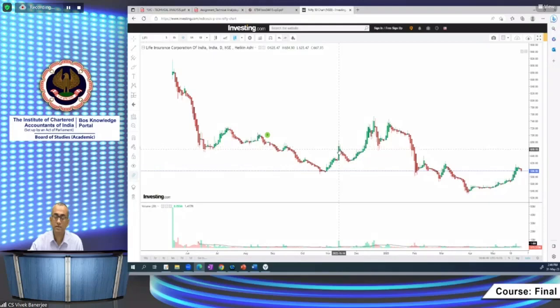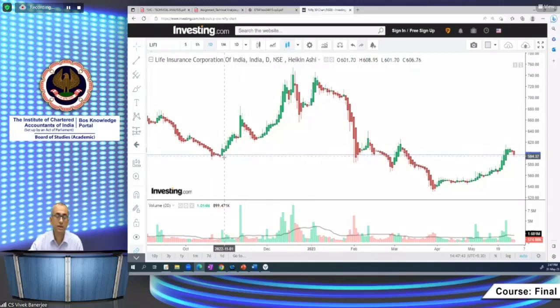After that, it's an upward trend. So the upward trend is from 28, the date is 28/10/2022, 31st October 2022, and it's showing an uptrend up to 15 November. Then again, it shows a downtrend.